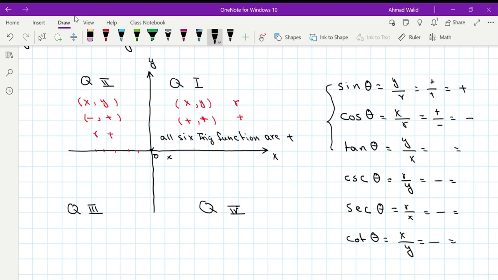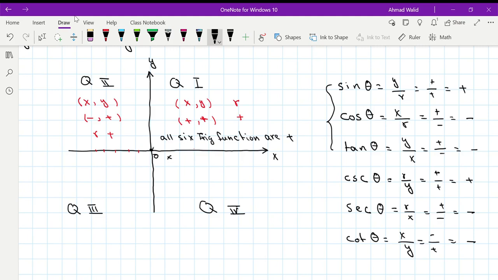Tangent is y over x, positive over negative, which gives you negative. Cosecant is the reciprocal of sine, so positive over positive gives you positive. Secant is the reciprocal of cosine, x over r, so it should be negative, positive over negative gives you negative. Cotangent, negative over positive, negative.